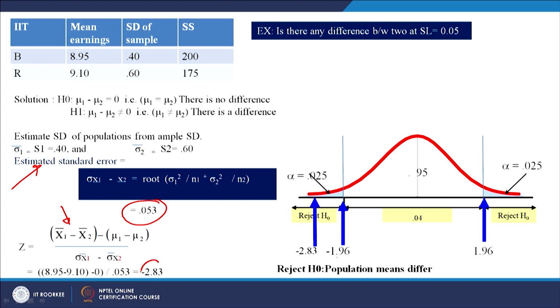So, the calculated z value is minus 2.83 and the table critical values are 1.96 plus and 1.96 minus, right. So, the calculated z value is in the rejection region. So, we will reject the null hypothesis, is it not? So, we will reject the null hypothesis.